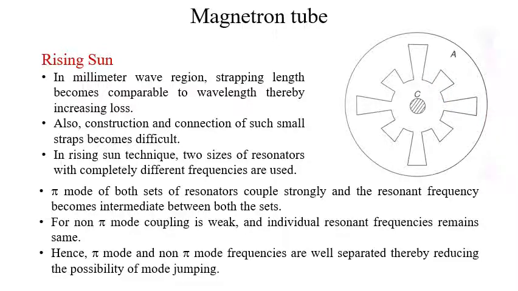For non-pi mode, coupling is weak and the individual resonant cavity frequencies remain the same. So pi mode and non-pi mode frequencies are well separated, thereby reducing the possibility of mode jumping. This is what you call the rising sun technique.